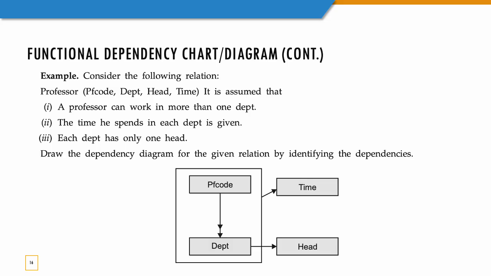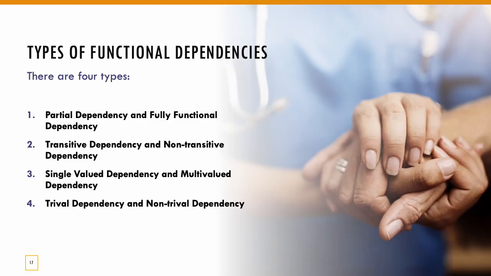Now let's move on to the next one, the types of functional dependency. There are four types of functional dependency. The first one is partial dependency and fully functional dependency.